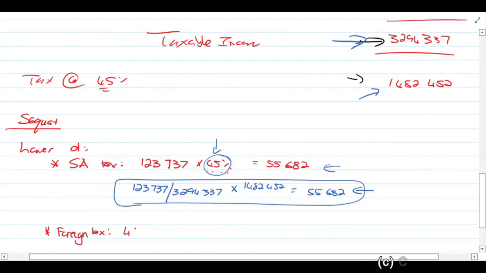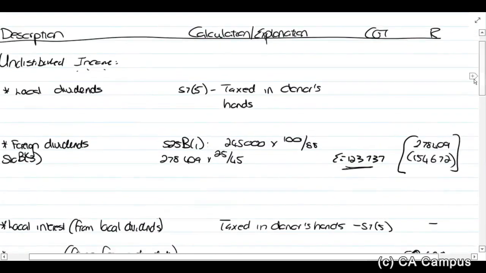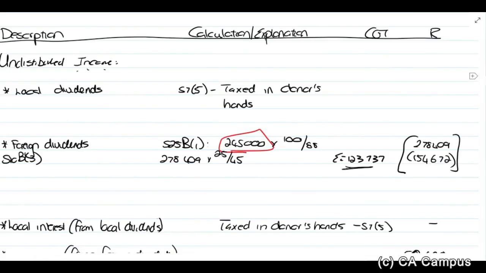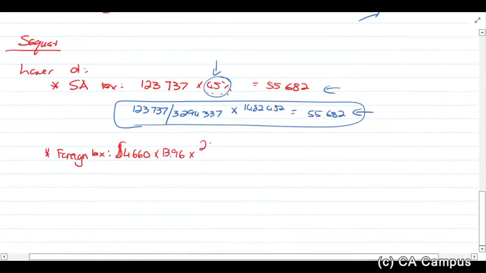So the foreign tax is 4,660 times 13.96. But then the trust is only taxed on how much? 245 out of the 490. So 245 out of 490. They're only getting taxed on a portion, so you can only get the benefit of a portion.